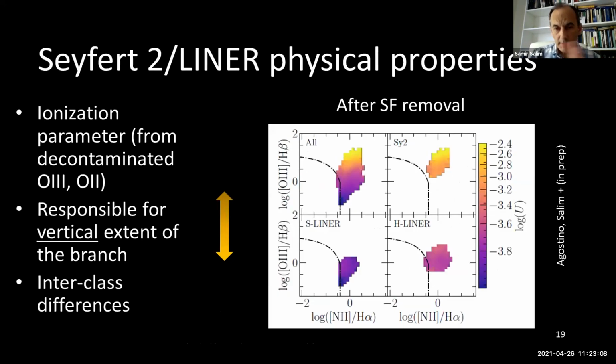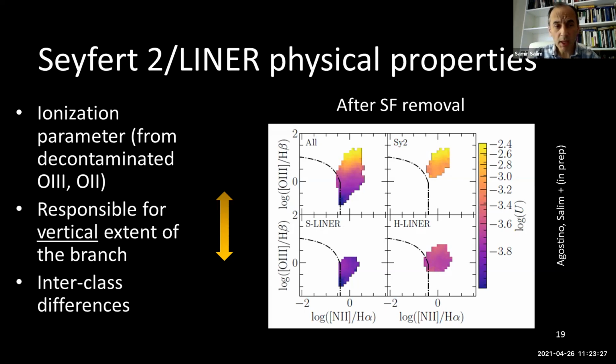Now that we have separated these into what we think may be the three basic types of objects on the AGN branch, let's study their physical properties. Here I'll be showing a bunch of plots color-coded by different physical properties.